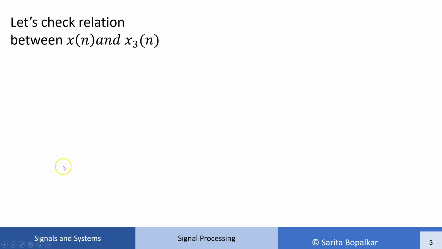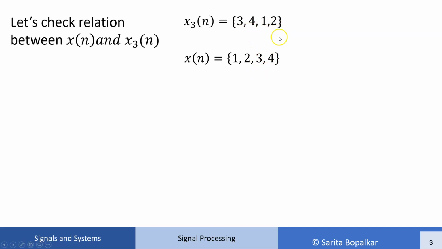For that, we first need to check the relation between x of n and x3n, because we have the DFT of x of n and we want the DFT of x3n. x3n is 3, 4, 1, 2 and x of n is 1, 2, 3, 4. If you check, the sample values are the same, only in x3n they are shifted. So we'll see how much shift is required in x of n to get x3n.